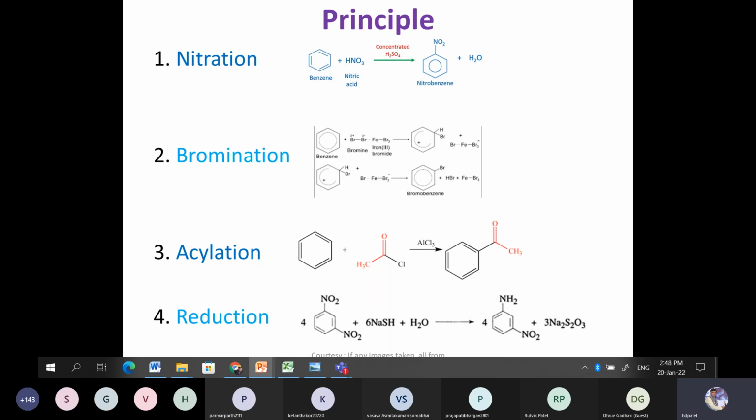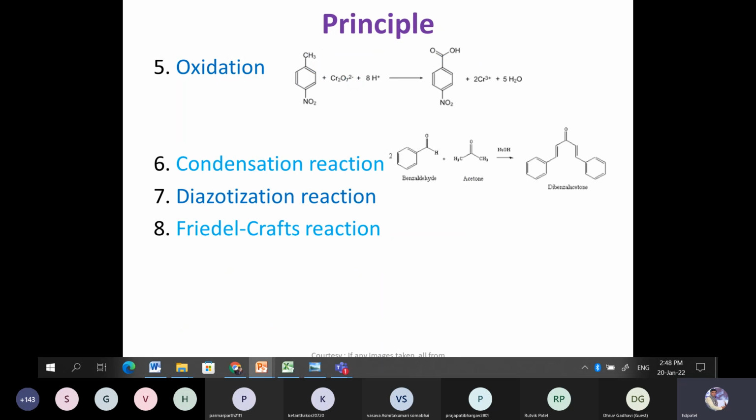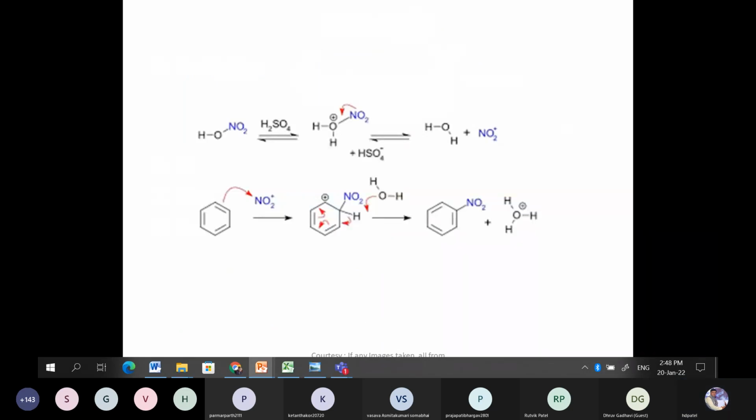That nitronium ion will react with benzene and we will get nitrobenzene. So here a substitution reaction, called electrophilic substitution reaction, will take place and we will get the product. Likewise, I have mentioned the other reactions, but as I said, I will talk about nitration and bromination, diazotization reaction. I will focus on nitration and diazotization reaction only.